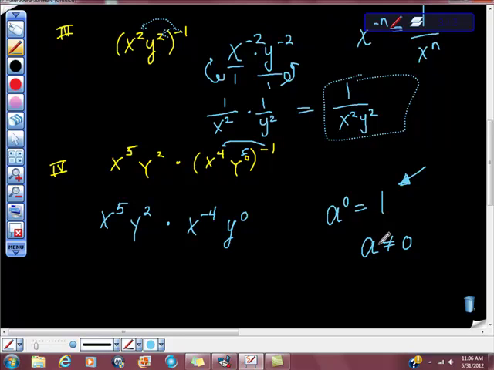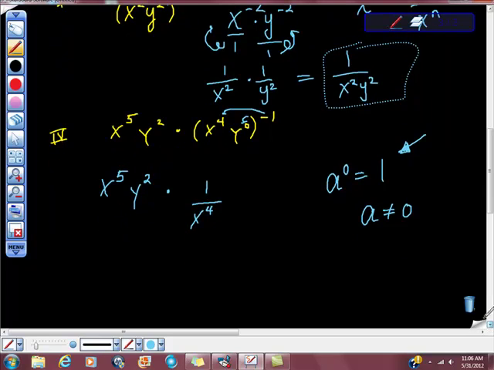So let's get rid of this because we know y to the 0 is 1 and x to the negative 4 times 1 is x to the negative 4. We just did this on this problem up here. So we know that x to the negative 4th is the same as 1 over x to the positive 4th.